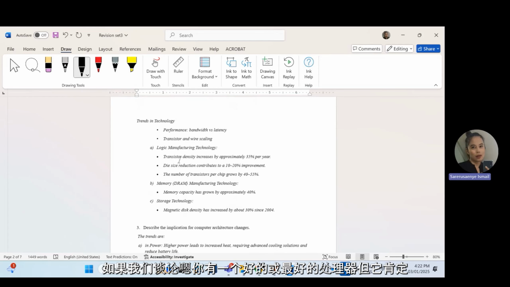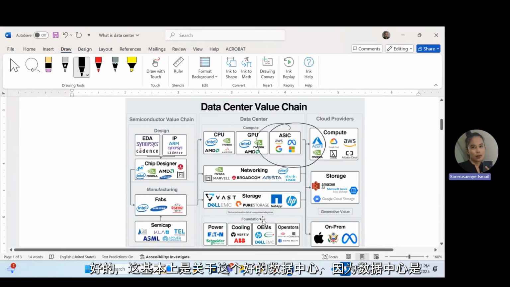How about if you have a good or the best processor, but it definitely needs a high power energy? That is what we discussed in the practical class. Please recall. And what about the memory? When you share the memory, you need an additional implementation to manage your memory.